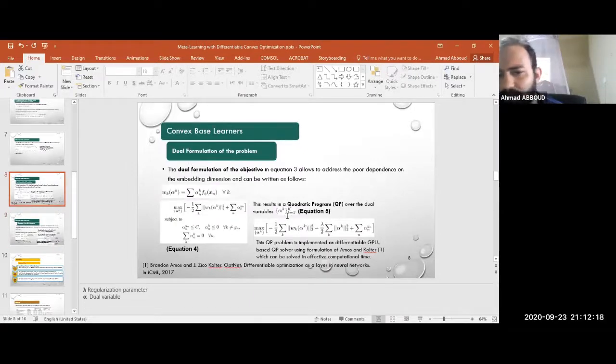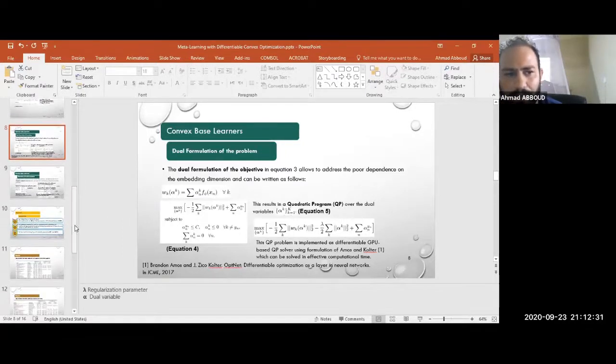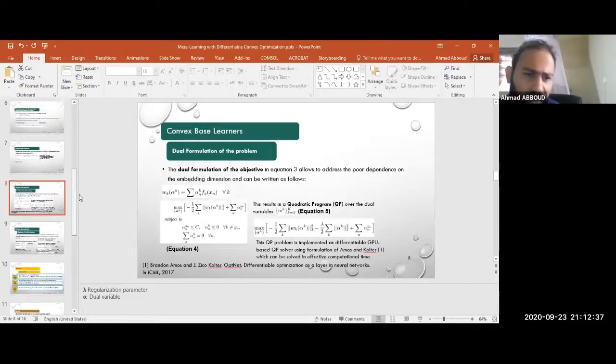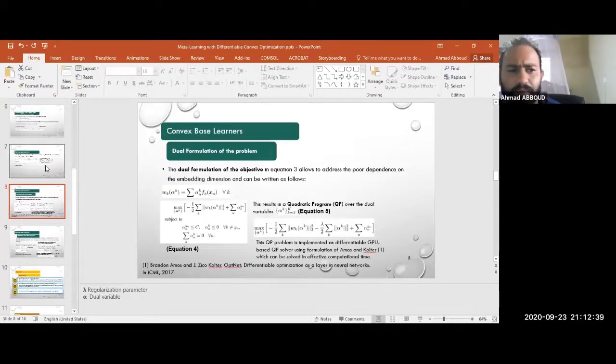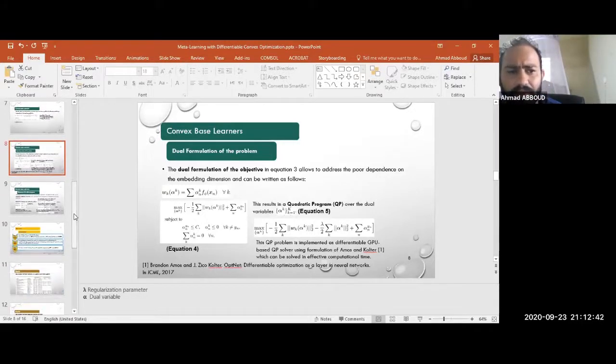They transform it to a quadratic problem, and because there is already an efficient solution for the quadratic problem, which is already implemented, they make the computation in a very efficient time, and we will see that in the results. So this is the added value of the paper and how they deal with the convex-based learner.